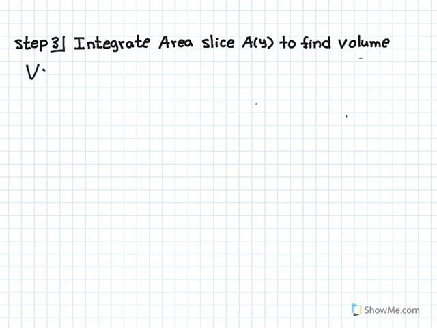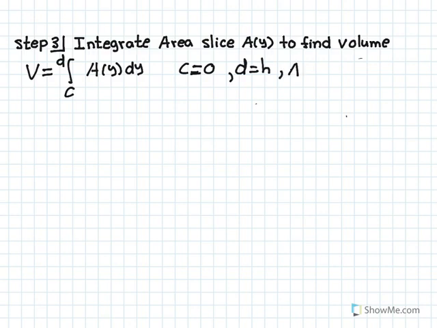So volume is the integral from c to d of A(y) dy, c is equal to 0, the lower y value of integration, d is equal to h, and the cross-sectional slice A(y) is equal to root 3 a squared over 4h squared times (h − y) all squared.